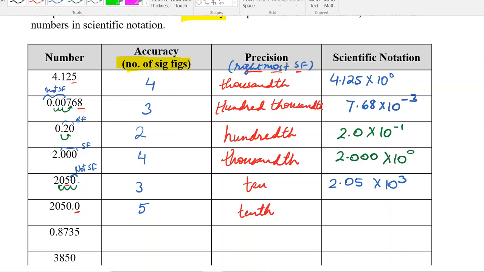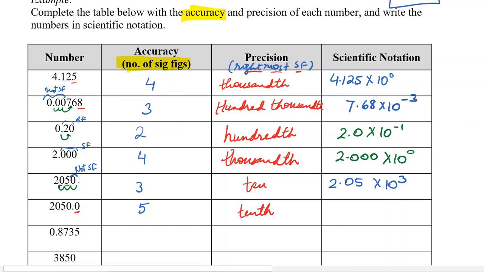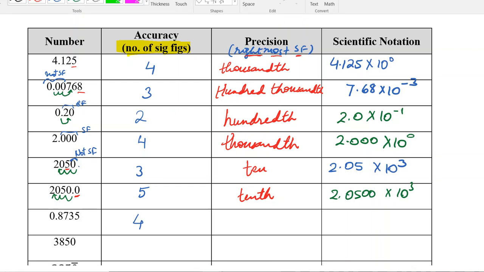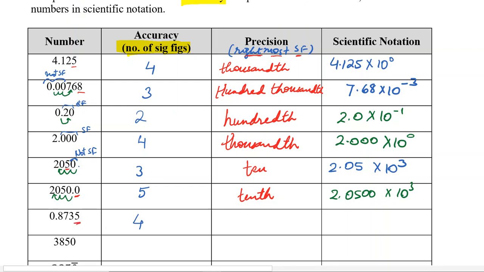And if we want to write it in scientific notation, 2.0500, and the decimal is moved 3 places to the left. Next we have 0.8735. In this case we have 4 sig figs and the precision is 10 thousandths place.